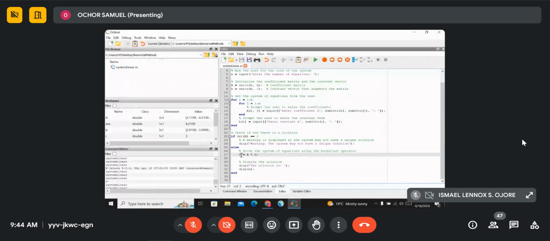Basically, you are trying to reproduce what happens behind the scenes, because when you just write x equals A backslash b, basically it's taking your system, reducing A using the Gaussian elimination method, something like that, and then multiplies b. In fact, you are finding the augmented matrix. So I wanted you to try to go through that process yourself.